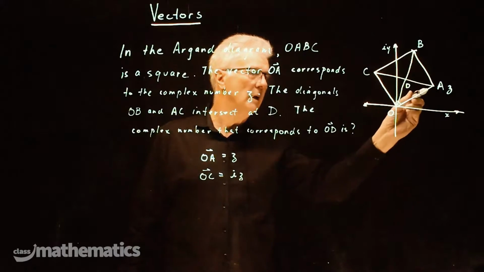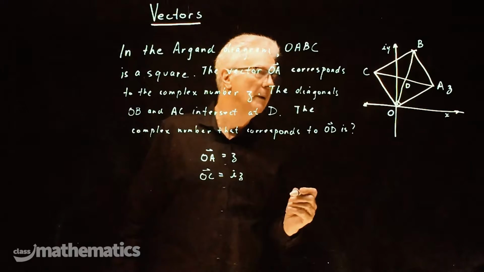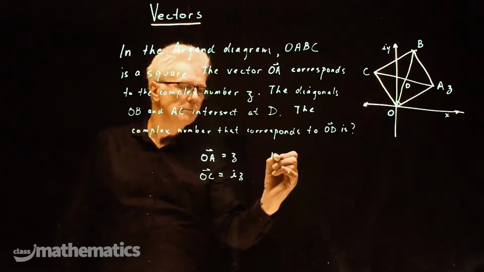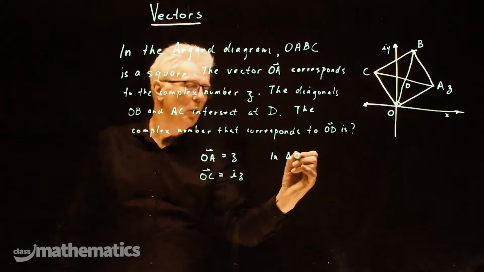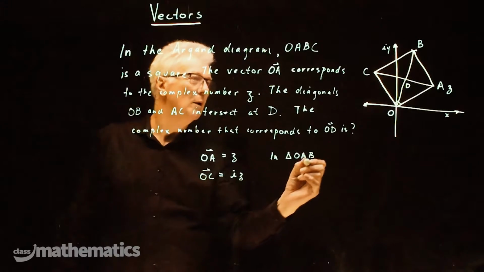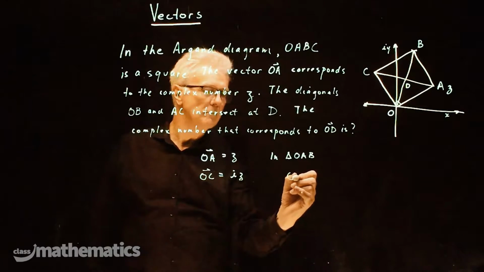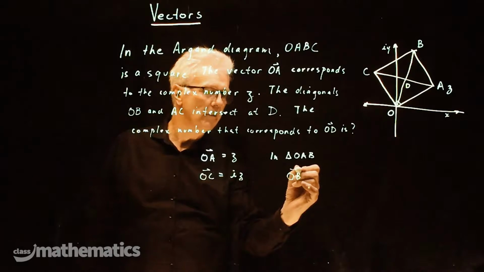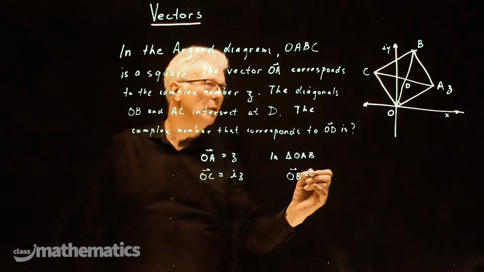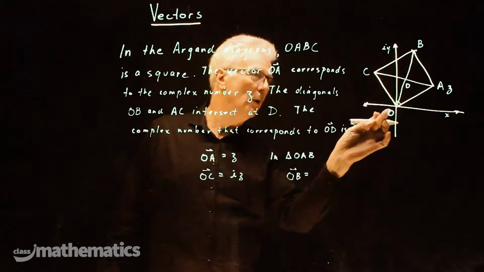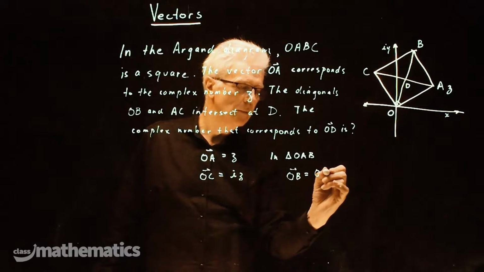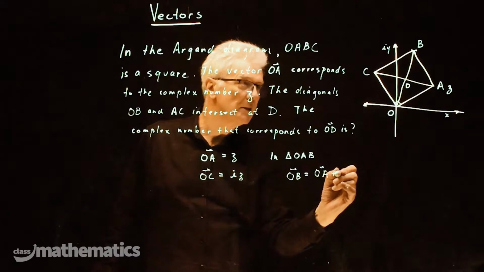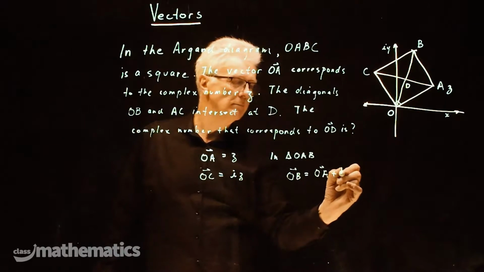Now, if we look at triangle OAB, we can see that the vector OB must be equal to OA plus AB.